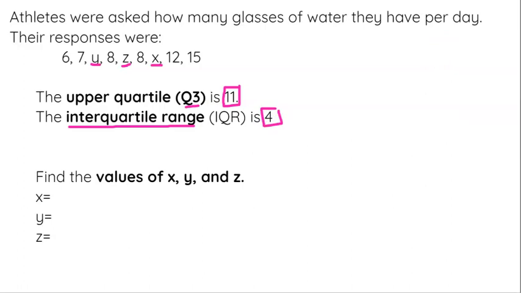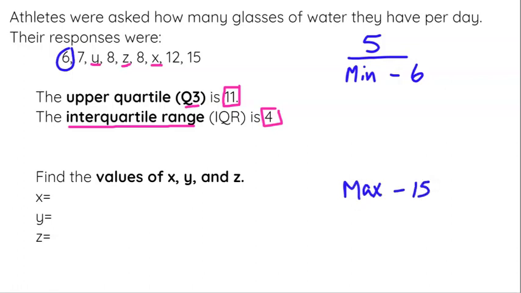So if we think about our 5-number summary, we have our minimum, which we know from the data is 6. We have our lowest number. We also have our maximum, which is 15. Median in the middle, and then we have our Q1 and our Q3. We're told our Q3 is 11, and we're told our interquartile range is 4.